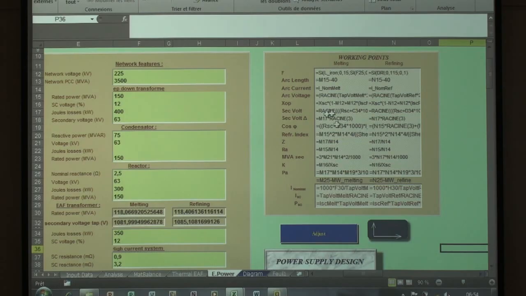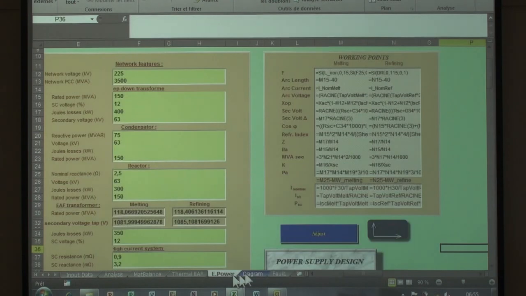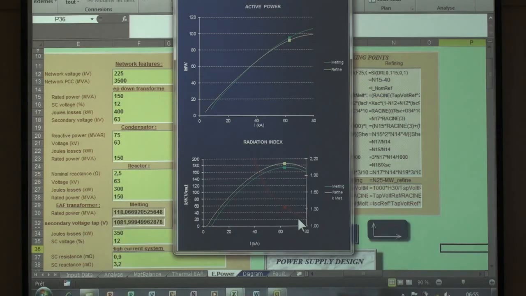Okay, this is the way this sheet is calculated. After all, what you see here is to show this diagram. For melting and refining, I have the active power curve with the points which will be selected.